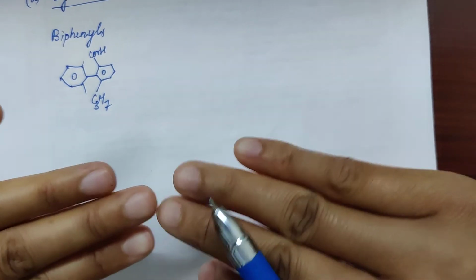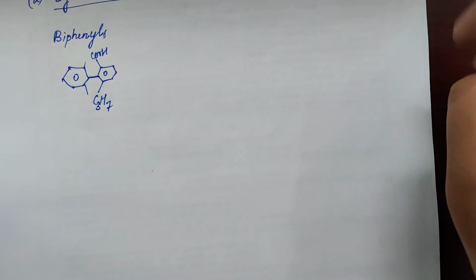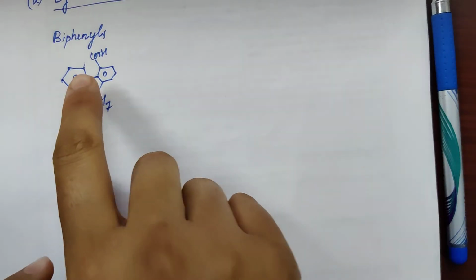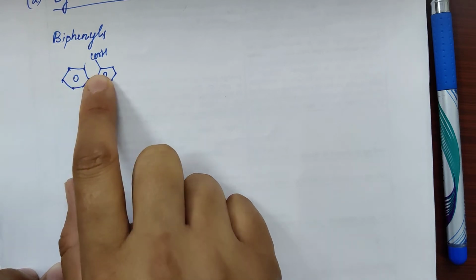Both of the rings will get slightly twisted to reduce the steric hindrance. So those kind of molecules will show optical activity. They will have a restriction around this single bond, so they will show us the different enantiomers.